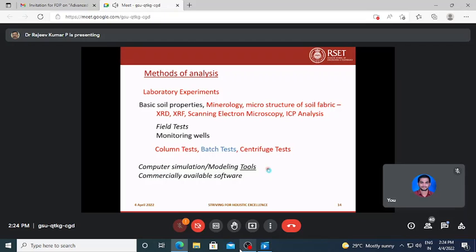There are mathematical simulations which you can do, the predictor-corrector methods which one might have studied in numerical methods. Okay, so some of the commercially available softwares are GeoStudio, Pollute, Migrate, etc. These are the softwares commonly used these days, and they are freely available also.